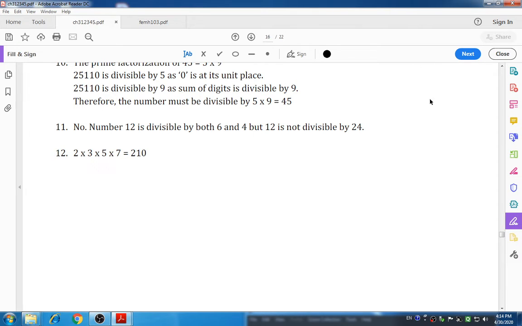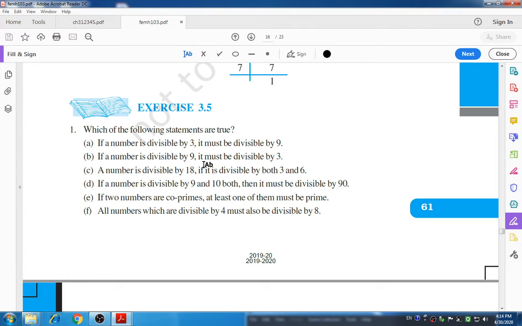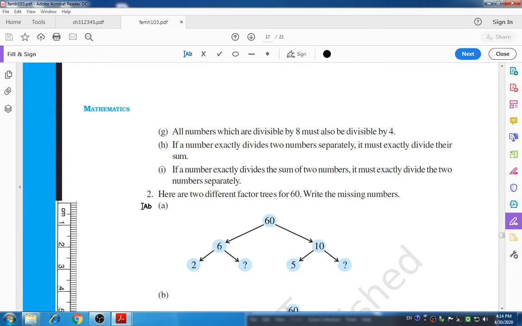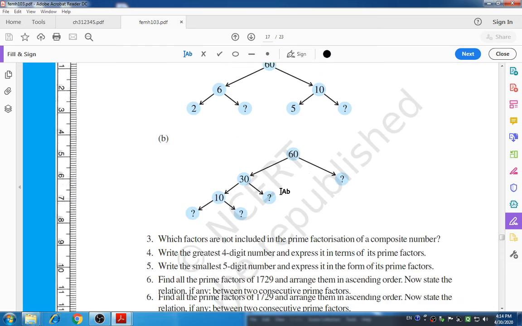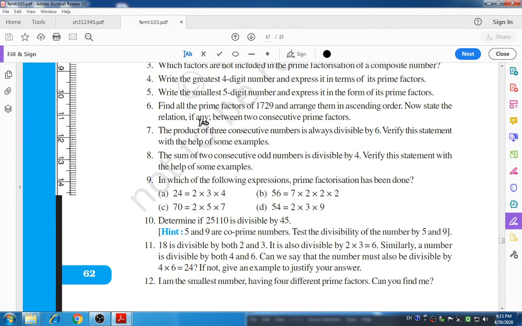Students, this is very easy, and now you have to solve this in your notebook. In exercise 3.5, we have already solved question number 1, and also questions 2 and 3, but from question 6, all these sums are very important.